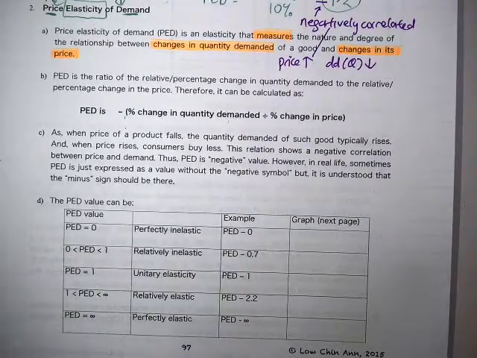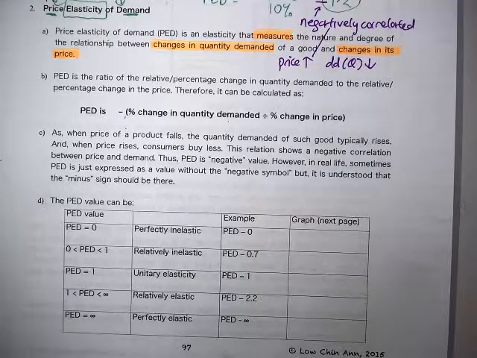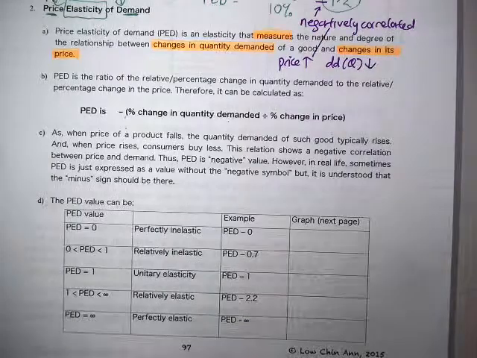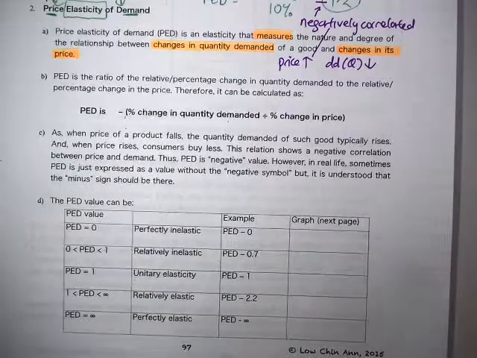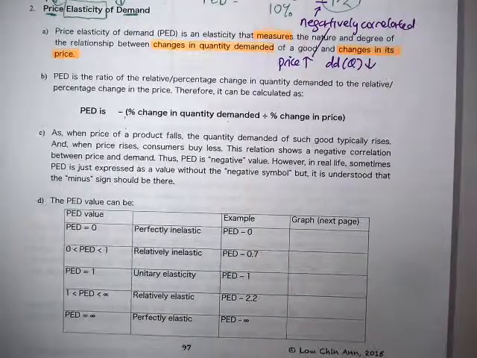See class, we generally have demand that either we call elastic, or they are inelastic. Okay, so what do you mean by elastic and inelastic? That means we are looking at the change between price and demand. Which one is more? If the change in price is more than the change in demand, or if the change in demand is more than the change in the price.